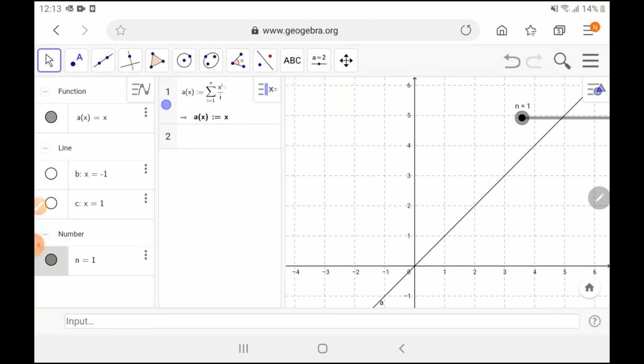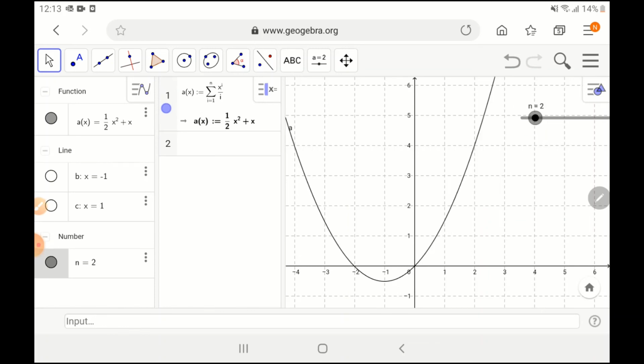When n equals 1, your series is just x. This is the visualization of x over here. It's only a line, y equals x. When you change to n equals 2, then you will have this series, so you will get half x squared plus x over here.